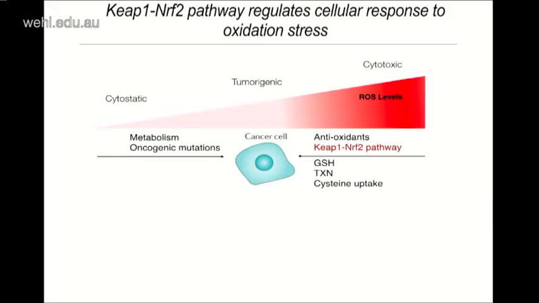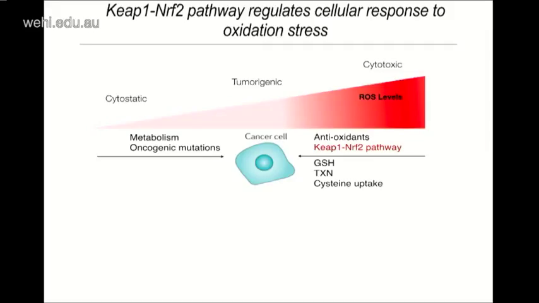It's an important negative regulator of an antioxidant program that cells have. KEAP1 negatively regulates a transcription factor called NRF2, and NRF2 is required for cells to deal with increased reactive oxygen species. And as tumors develop, partly based on their increased metabolic rates, partly based on just direct oncogene action, they tend to build up levels of ROS species.